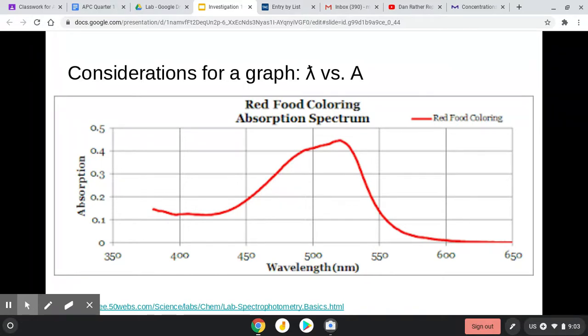And you can see a spectrum for red food coloring here in front of us. What they've done is they've taken one concentration of red food coloring the whole way through this graph, and they measured the absorbance at maybe 350, and then maybe 375, and 400, and 425, and 450, and 475, and 500.